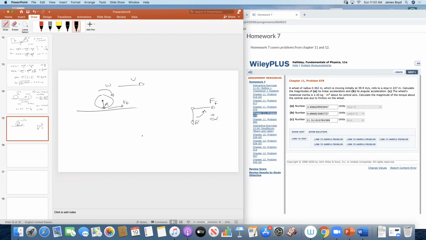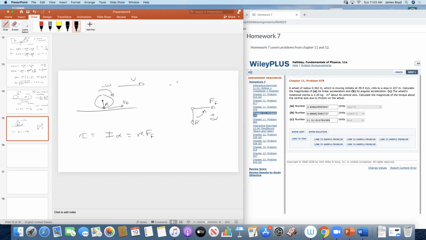It has a net angular acceleration of negative, this is negative. So it has a net torque on it of I alpha, which is equal to R times the force of friction. This is the net torque on it.